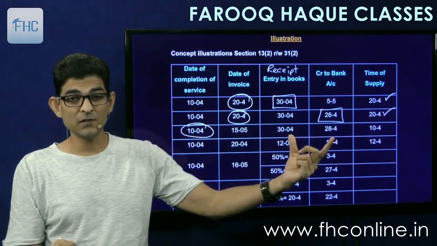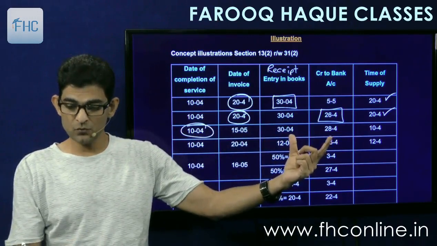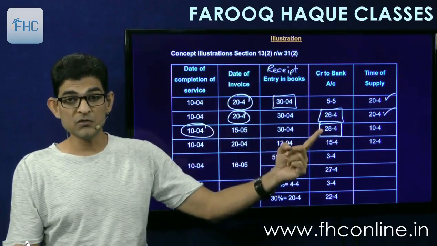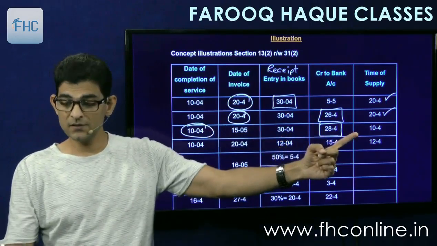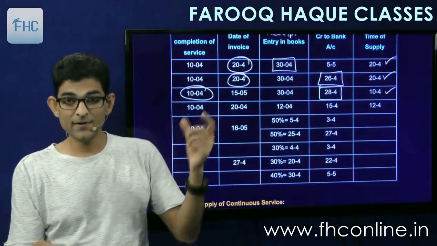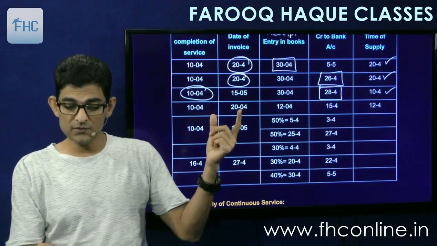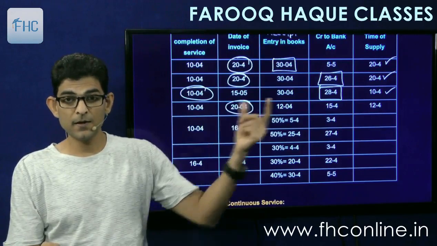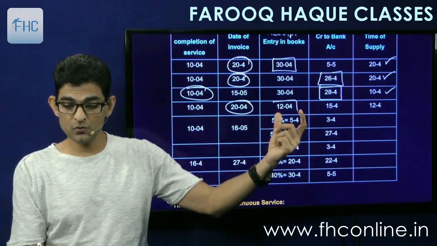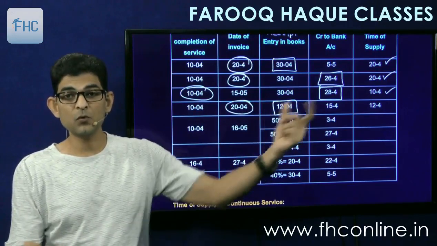Then see the receipt, 34, 28/4, 28/4. And then compare accrual or receipt, whichever is earlier, 10/4. Then 10/4/24, yes, within 30 days. 12/4/15/4, 12/4. 24/12/4, 12/4.